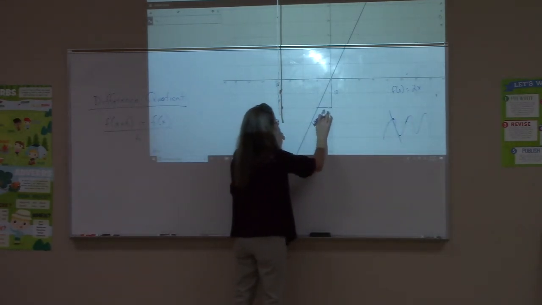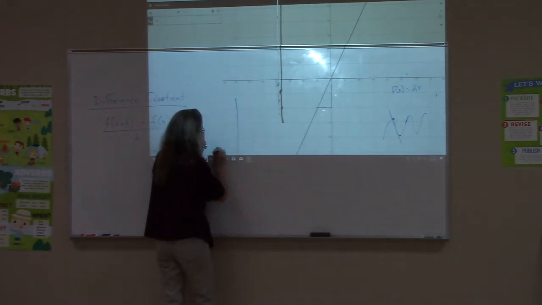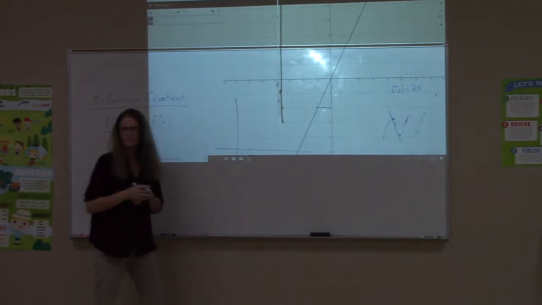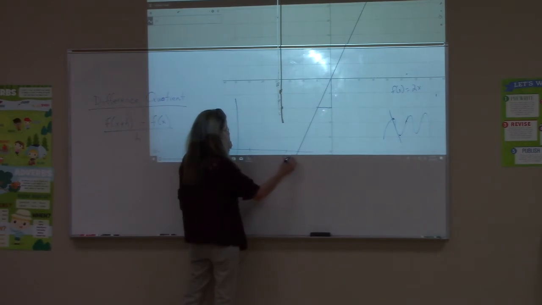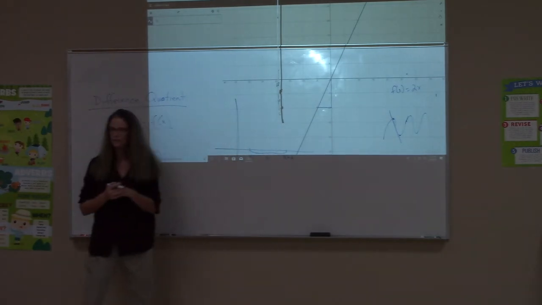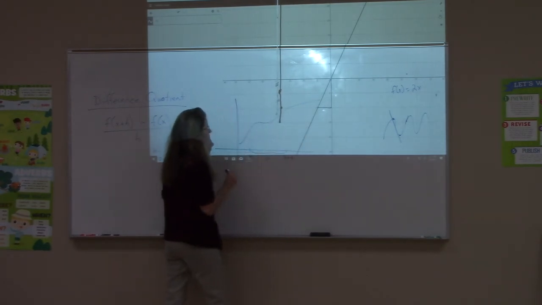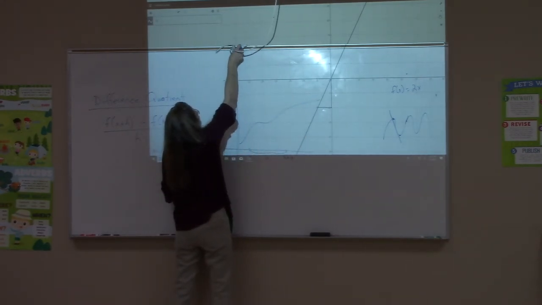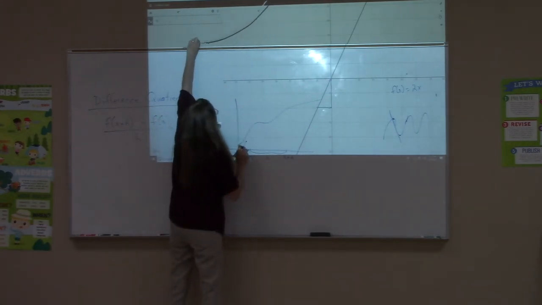So what we're going to do is I'm going to redraw it. I'm going to call this x, okay? I'm going to call this value x plus h. This little section, this distance in between, is h, okay? So we're going along, there's our graph.